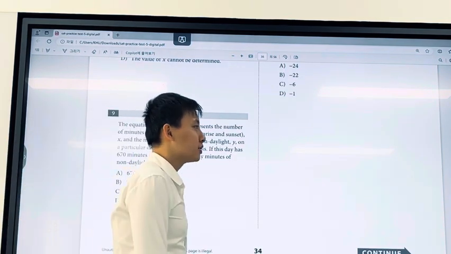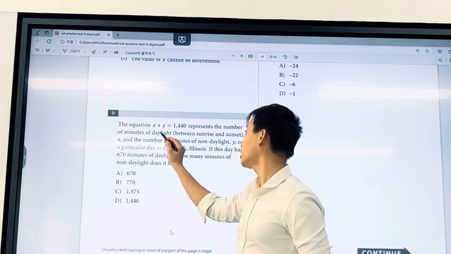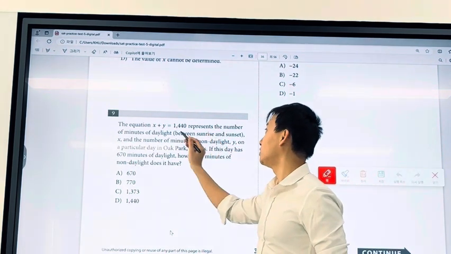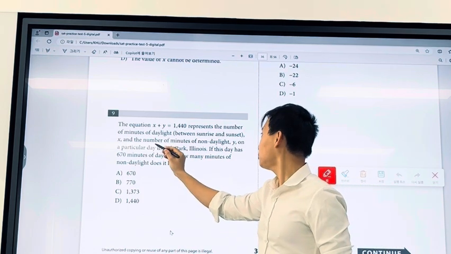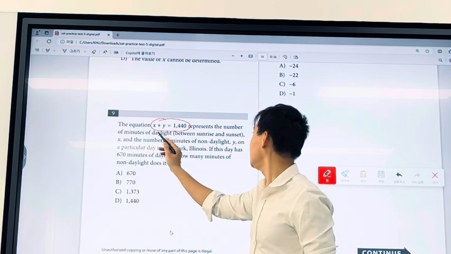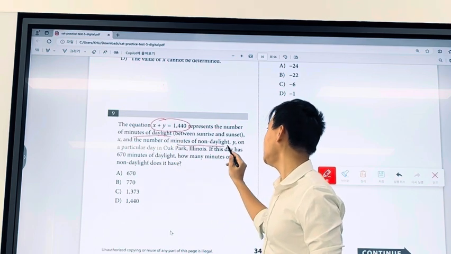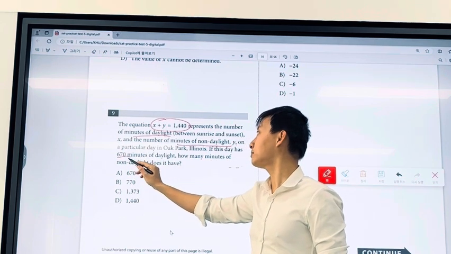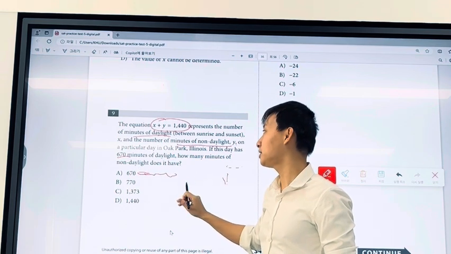Okay, next, question 9 is a problem solving question. You are given one equation, x plus y equals 1440, which represents the number of minutes in a day. For this question we just focus on the function, where x is the number of minutes of daylight and y is the number of minutes of non-daylight. So if this day has 670 minutes of daylight, how many minutes of non-daylight does it have? Easy.